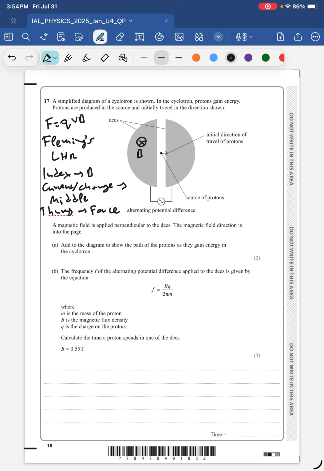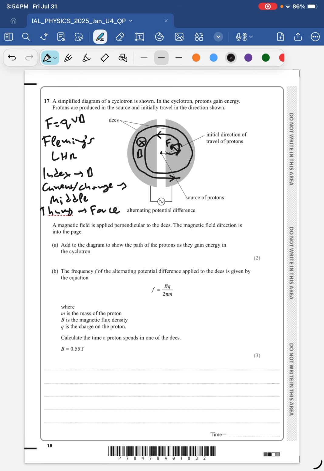In this case, we have a magnetic field going into the page, so I'm putting my left hand pointing into the page. Then my middle finger points in the direction of the charge, which is to the right, as we see. So we see that our thumb points up. So there is a force that points in that direction. Therefore, the protons will undergo a spiral motion in this direction.